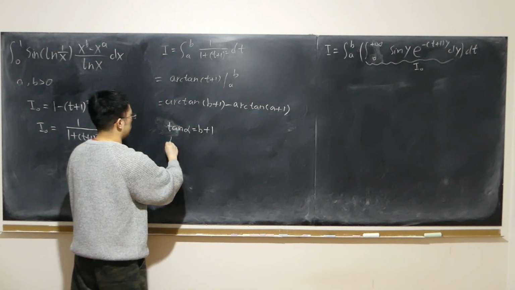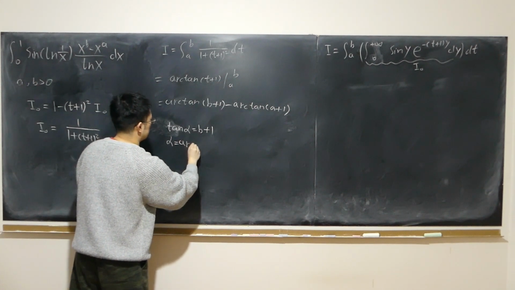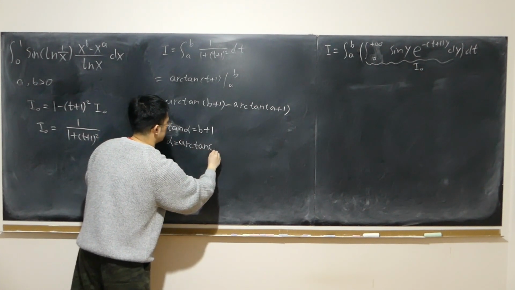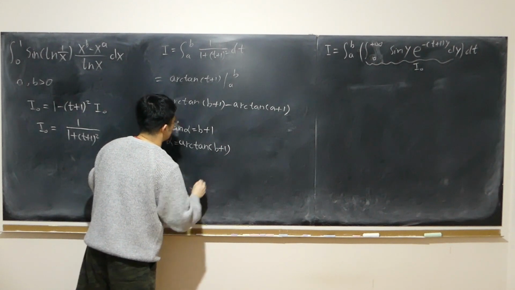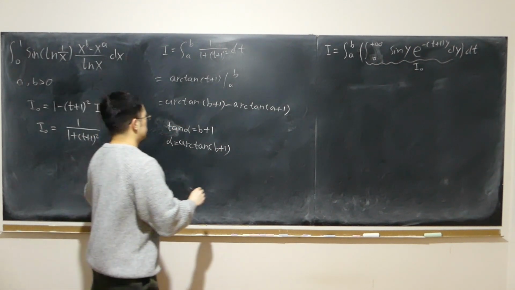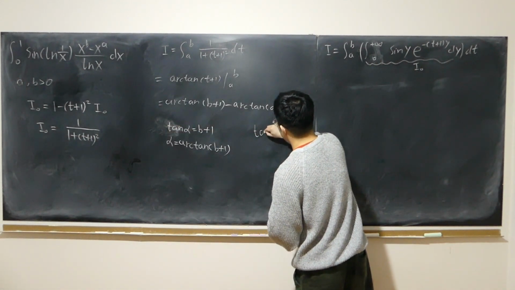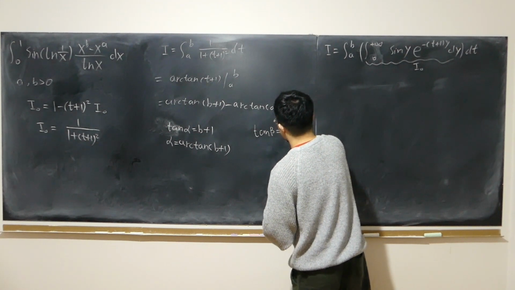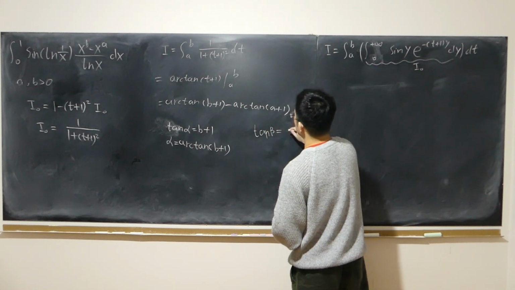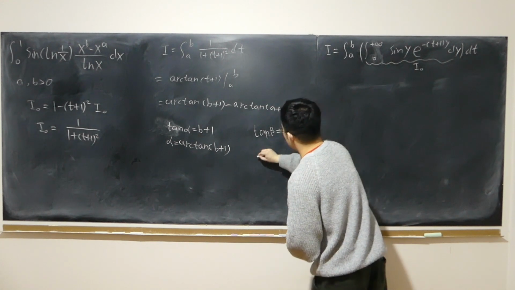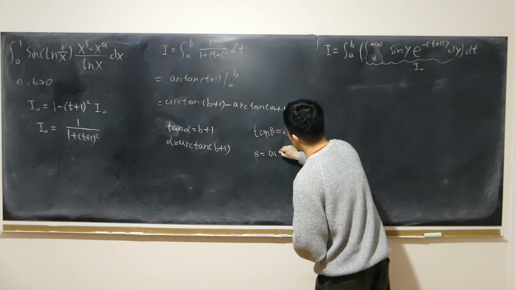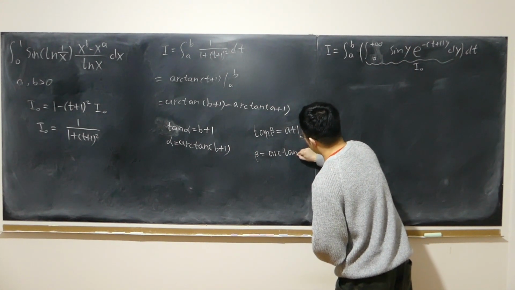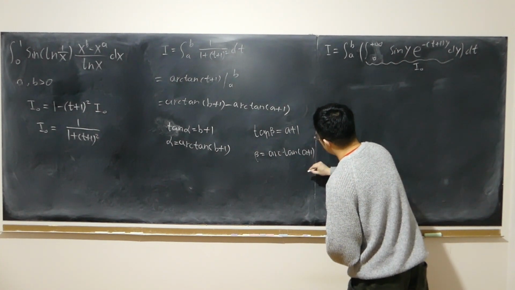Then alpha must be equal to arctangent of b plus 1, according to the definition. So tangent beta is equal to a plus 1, then beta must be equal to arctangent of a plus 1. Okay.